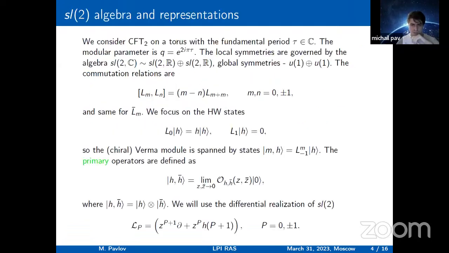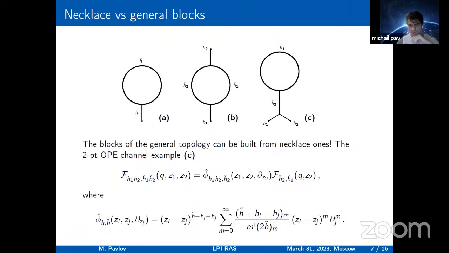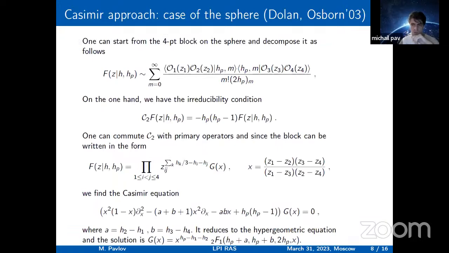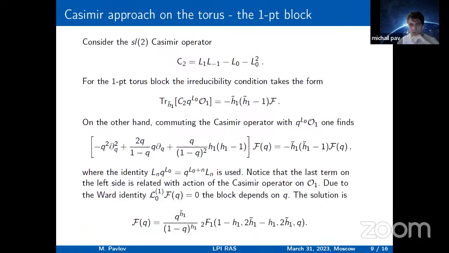There is a hypergeometric equation for the 4-point block on the sphere, and actually quite the same equation for the 1-point block on the sphere. So my question is, are there any connections?